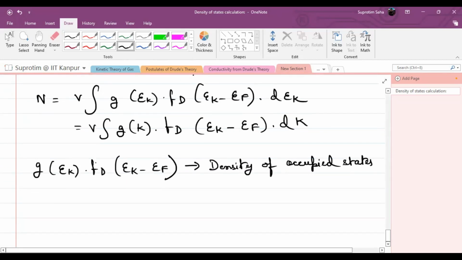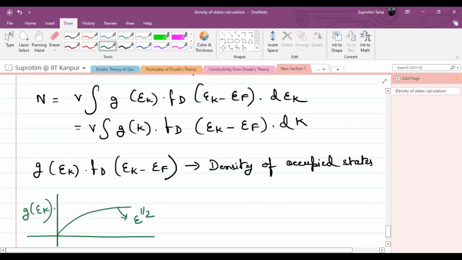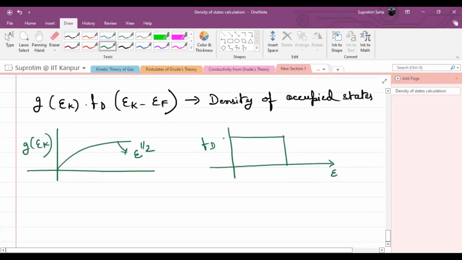So, redrawing the graph once again. This is your g(E_k), E raised to half. This is your g(E_k). Fine. Now, if you do the product, your Fermi-Dirac distribution at T equals 0 K is like this. So this is your Fermi-Dirac distribution. This is 1.